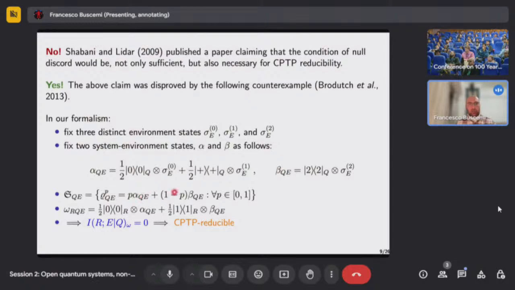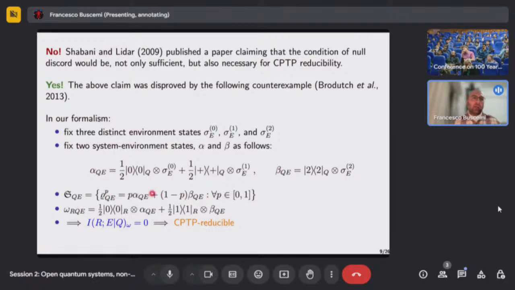And yet they would prove again that even if system and environment started in any of these states, which are convex mixtures, so states with non-zero discord, still the reduced dynamics of the system would exist, and would be well-defined in the sense that it would exist as a CPTP map.